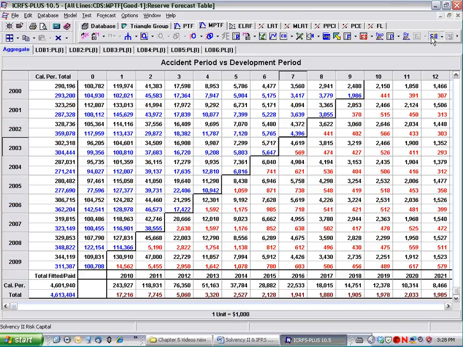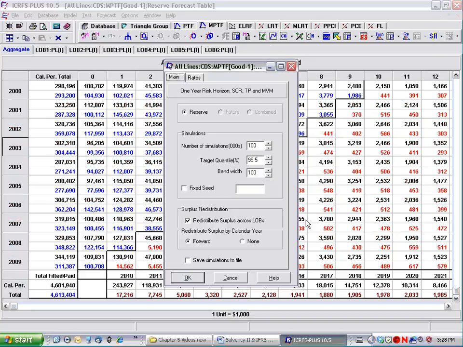We're going to go to the AS2 module, 1-year risk horizon. We're going to redistribute surplus across LoBs. In other words, if in a particular calendar year for a particular LoB, the loss is actually less than the mean, that surplus or difference can be used to pay for losses in another line of business where the loss actually exceeds the mean.